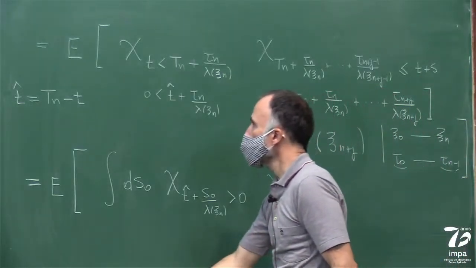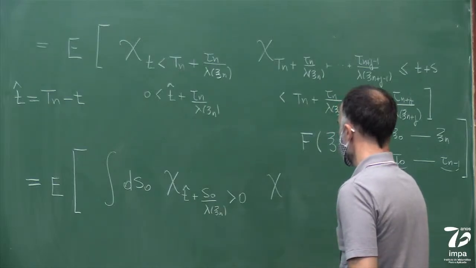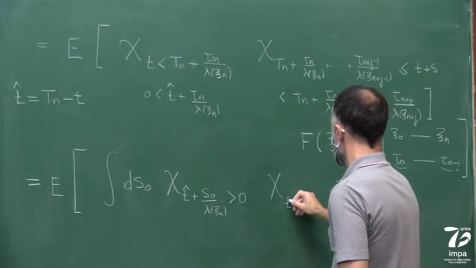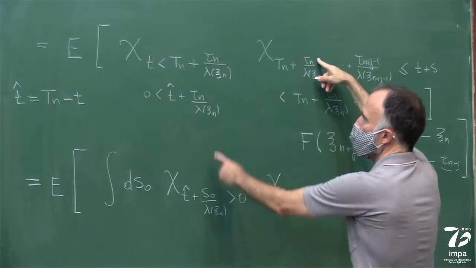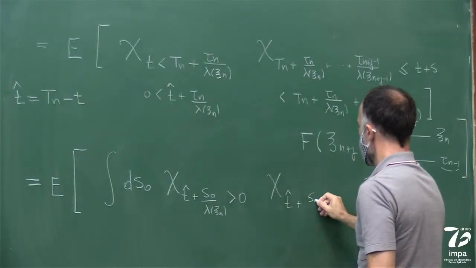So I have tau hat plus, so tau n is what I'm calling 0.